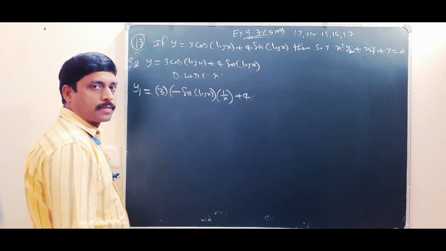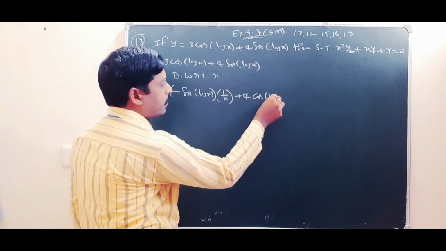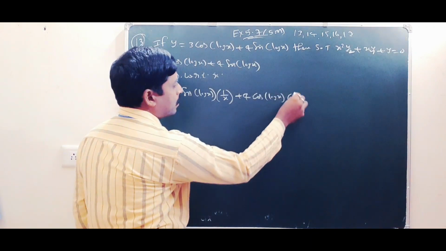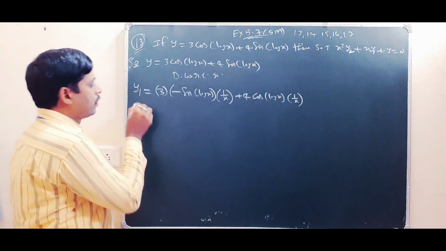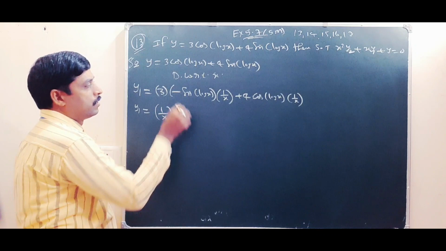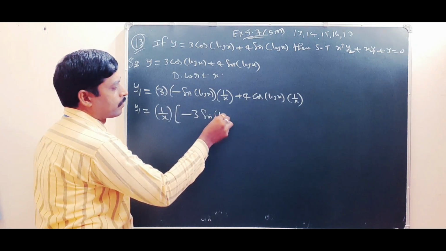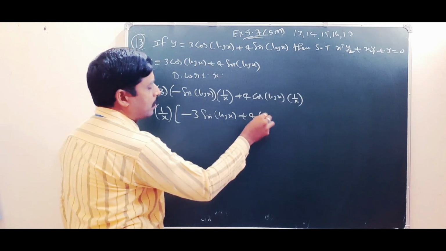Differentiation of sin log x is cos log x into differentiation of log x, which is 1 by x. So y1 is equal to, in this, take 1 by x out as common. The remaining value is minus 3 sin log x plus 4 cos log x.